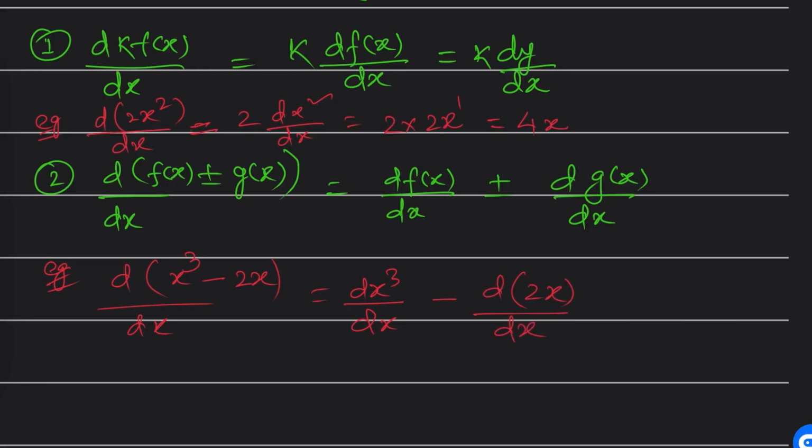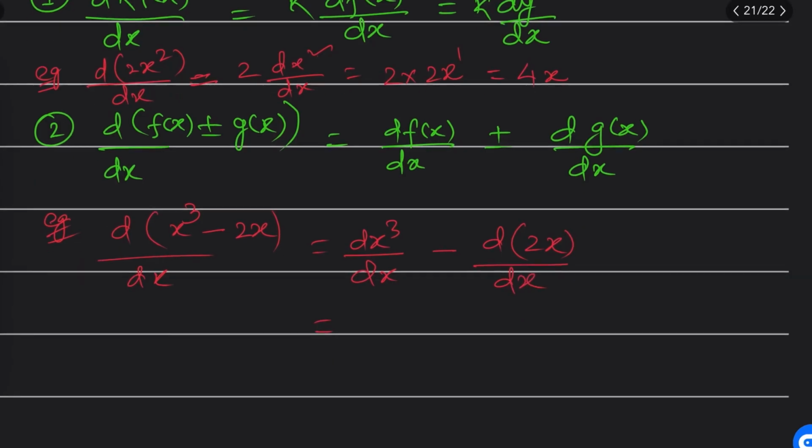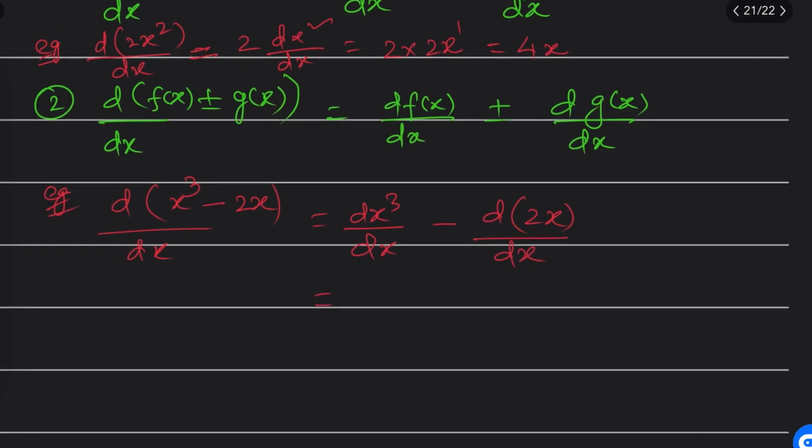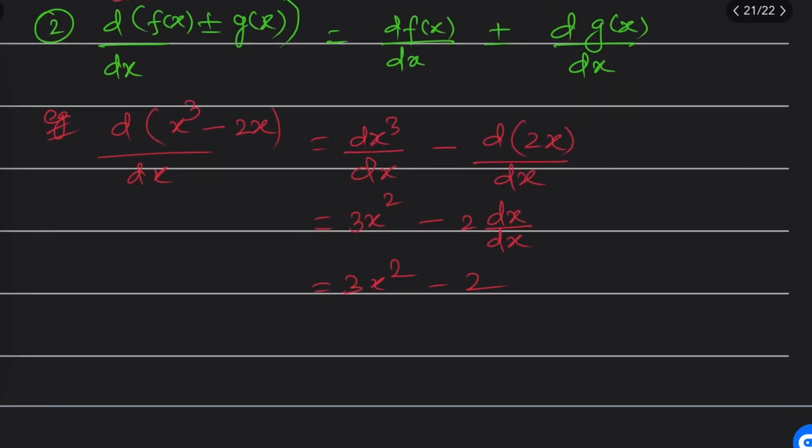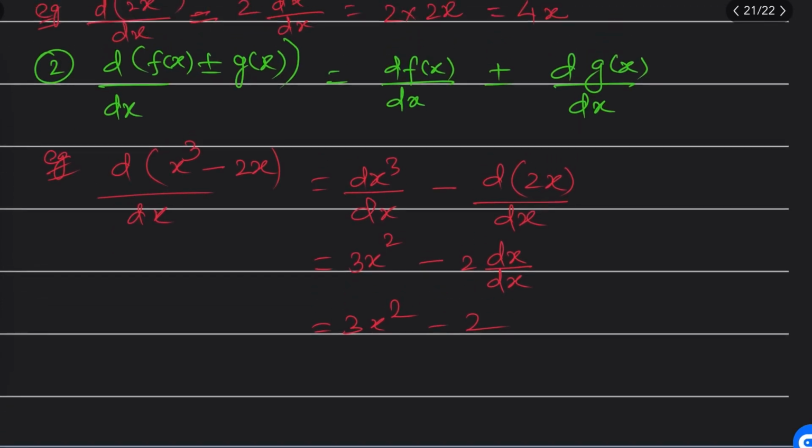Separately you need to differentiate and then you can answer. Here x power 3 uses the x power n formula, so n x power n minus 1, which is 3x square, minus, since 2 is a constant and dx by dx is 1, 2 into 1 is 2. So the answer is 3x square minus 2. Isn't it easy? Differentiation is easy if you understand the process and the rules.